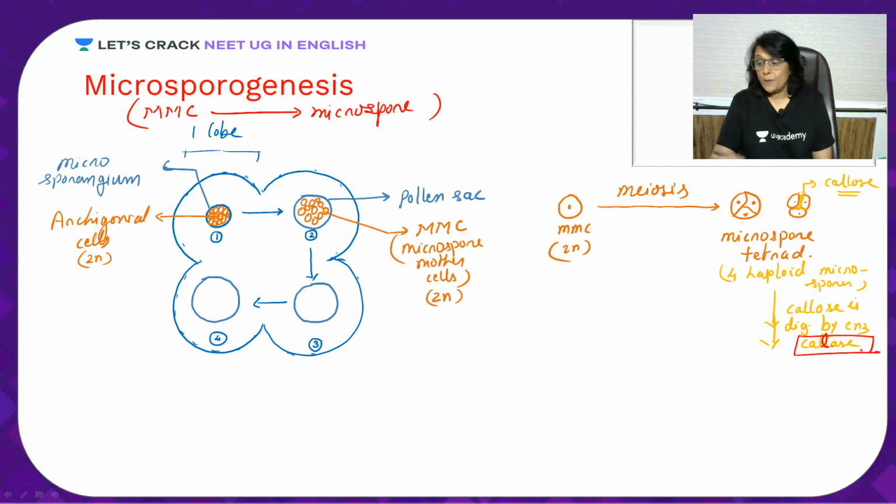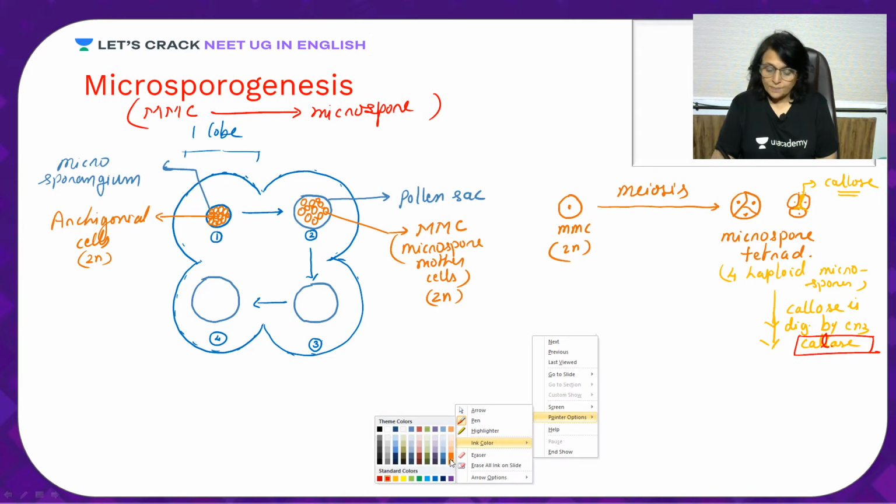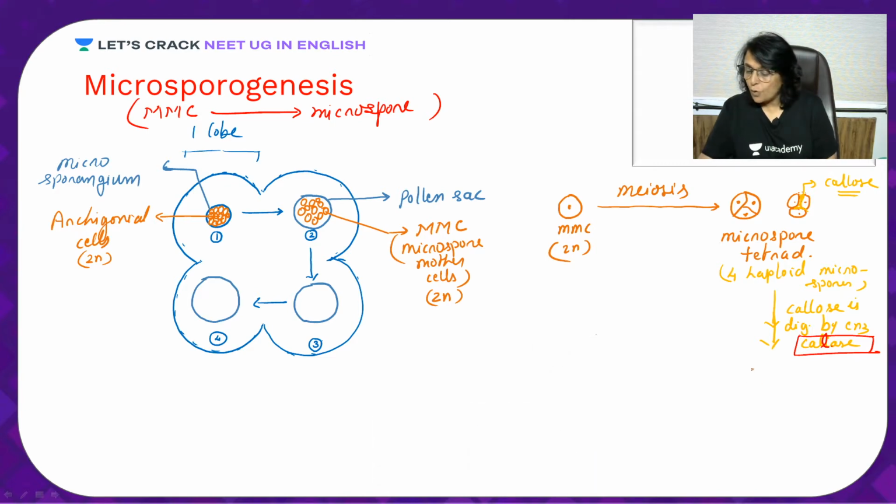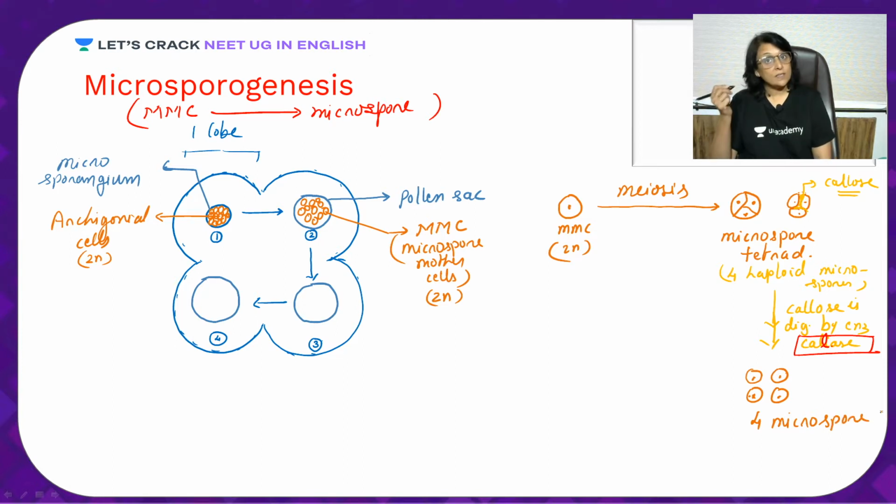So now, because of this callase, what happens to these microspores? All four microspores get separated. So these are the four microspores. And because they are formed as a result of meiotic division, they are haploid.